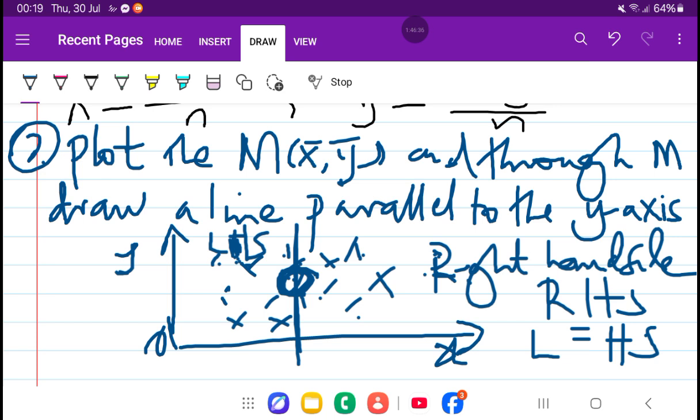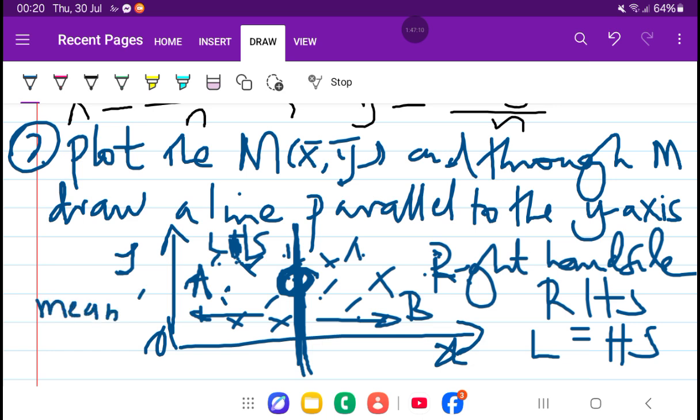Now, what we are going to do is get the mean of the x value, because we have dissected this graph, and the points this side are equal to the points this side. Let's assume that this is point A and this is point B. We are going to get the mean of the left hand side and then the mean of the right hand side. So we get the mean of side A for both x and y.